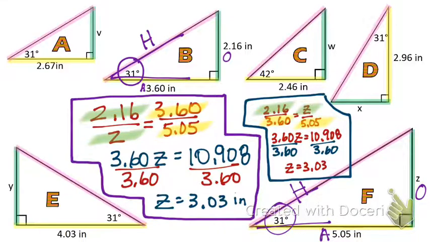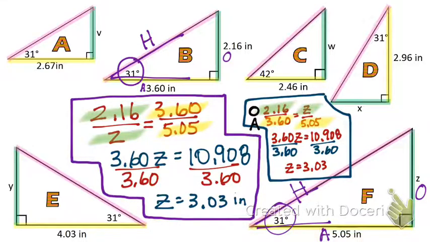If you look inside the purple box and the blue box, we got the same answer. But in the blue box, we're one step closer to using trigonometry because 2.16 is the opposite side and 3.60 is the adjacent side.